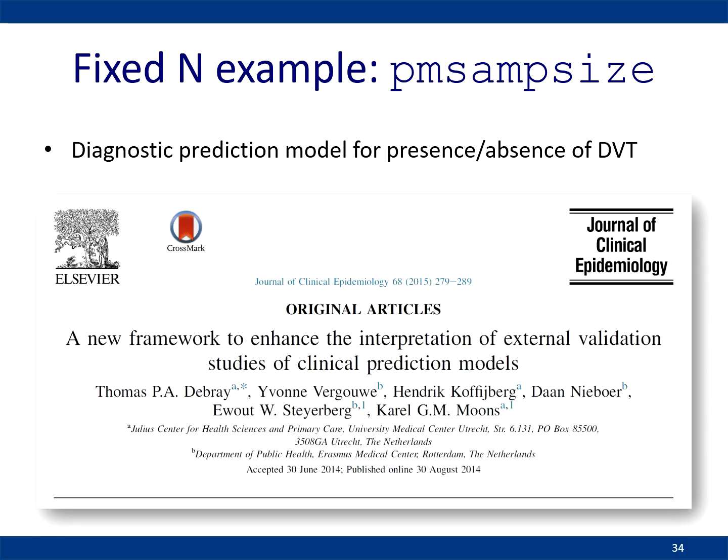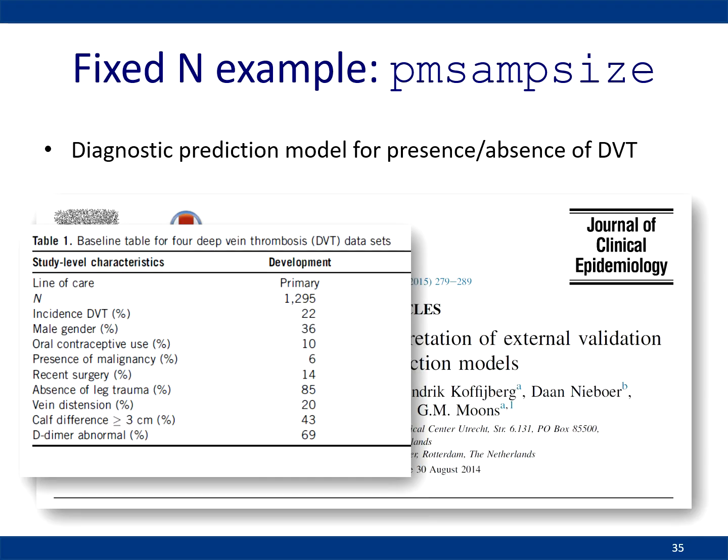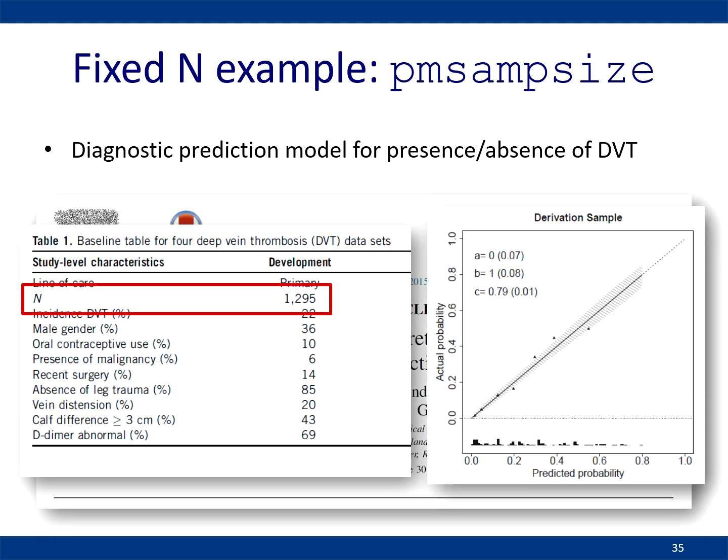So again, returning to this diagnostic prediction model for the presence or absence of DVT, the paper also gives us some baseline characteristics, as we can see here. So here we can see we have a fixed N of 1295, and we can use the C-stat of 0.79 as before.